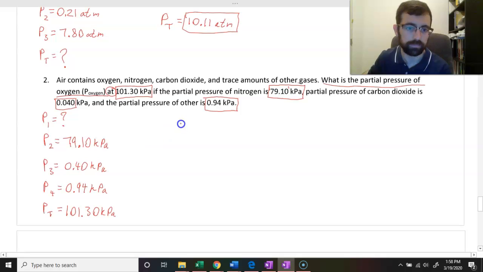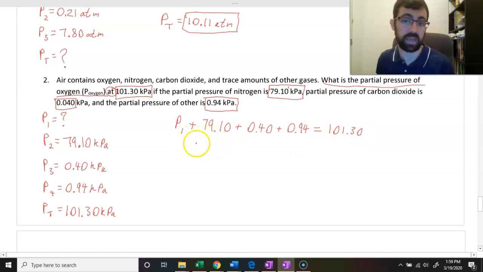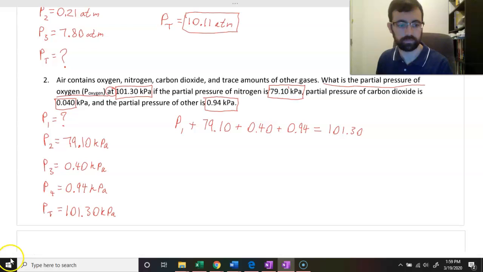Okay, and we can work our problem now. P1, our unknown, plus 79.10 plus 0.40 plus 0.94 equals 101.30. Now we just need to add up the numbers we have on the screen, and we're going to subtract them from this.